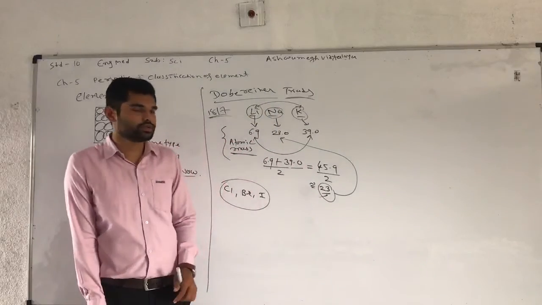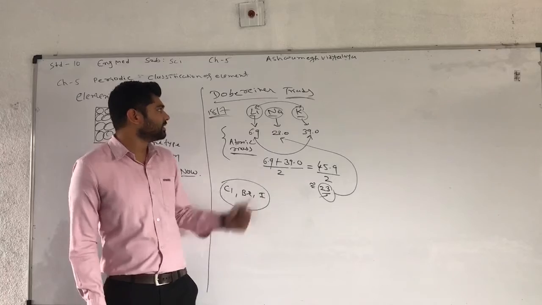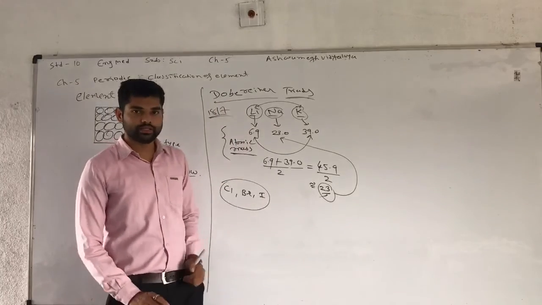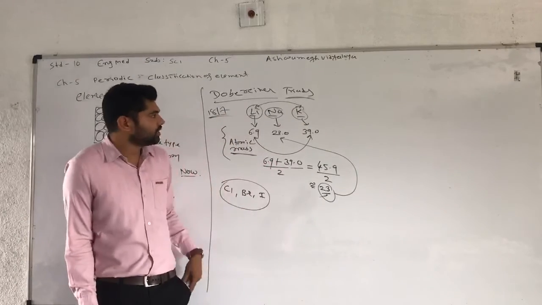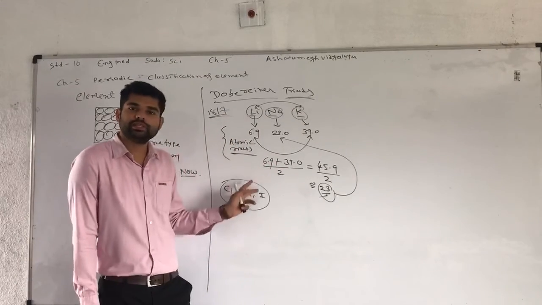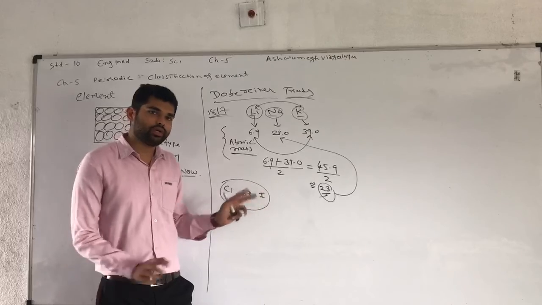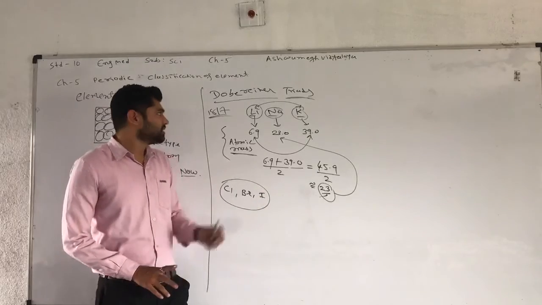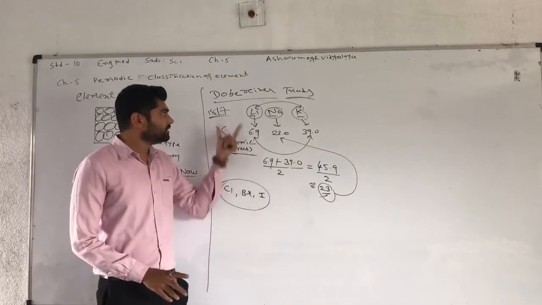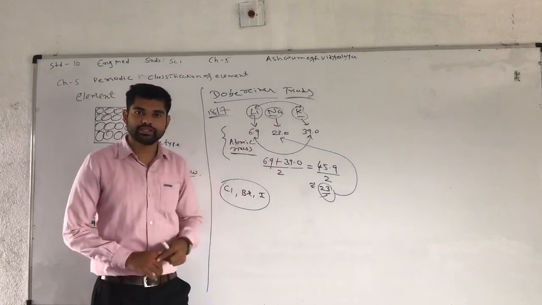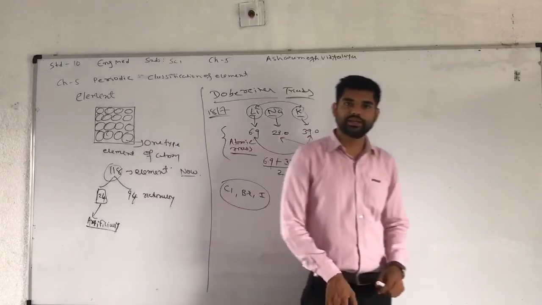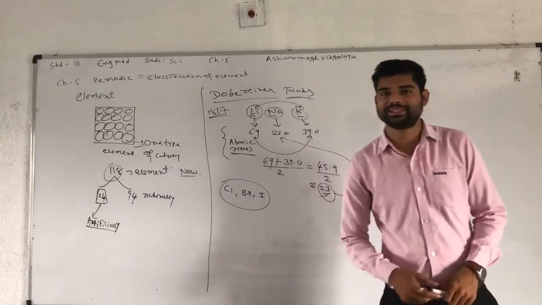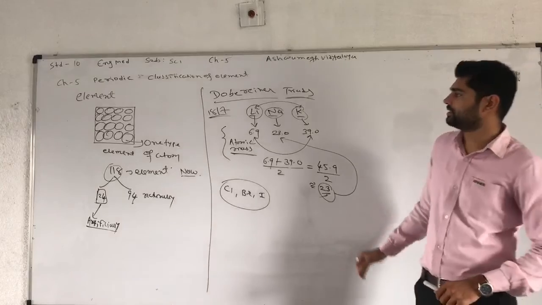So the first scientist to attempt classification of elements was Dobereiner with his triads, and some limitations are present. It is not applicable to all elements, but only some elements fit into Dobereiner's triads. The next topic will be studied next. The next scientist is Newlands, whom we will study in the next lecture.